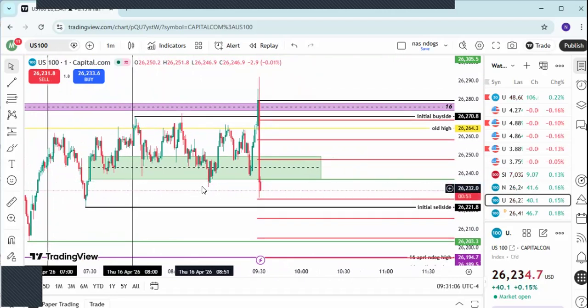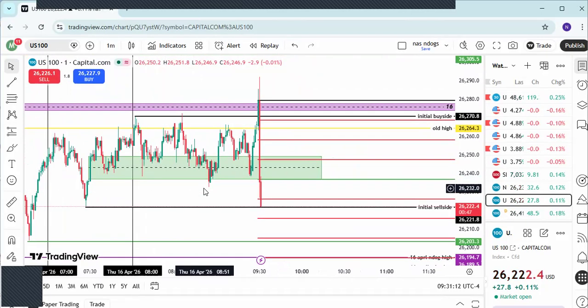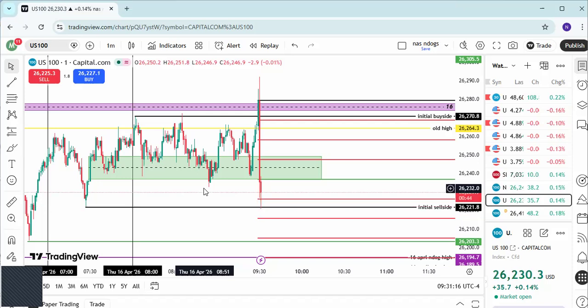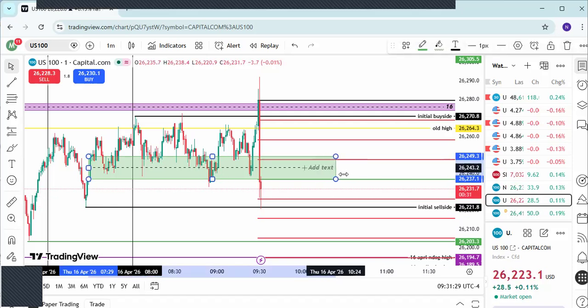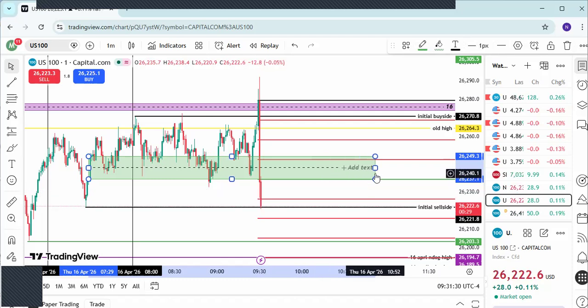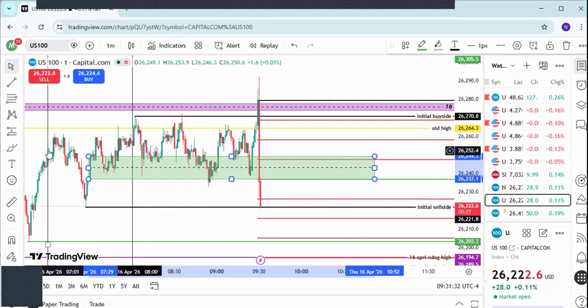So we're gonna have a nice session today. Seems like it wants to go. So this one that you see here is the first presented fair value gap after 7.